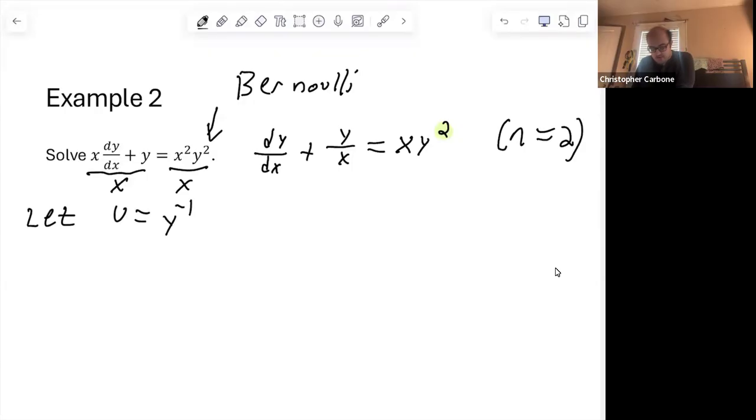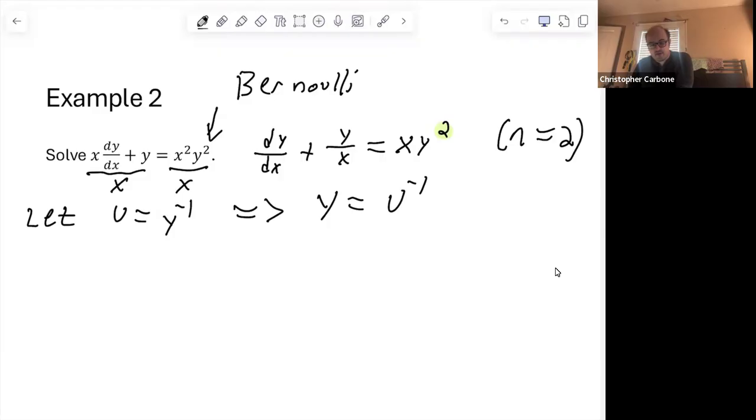to the negative first power, which is the same thing as saying if you let y be equal to u to the negative first power.